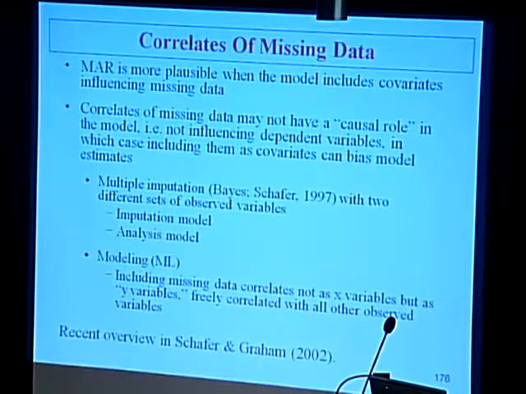By the way, Mplus 5.21 has a way of reading in multiply imputed data sets and doing the analysis then for each of the repeated data sets. That's what you do in the analysis part. And then averaging the parameter estimates over those different data sets and computing the standard errors for those model parameter estimates.